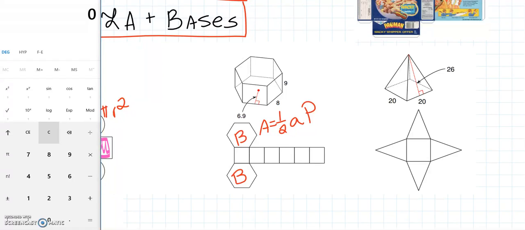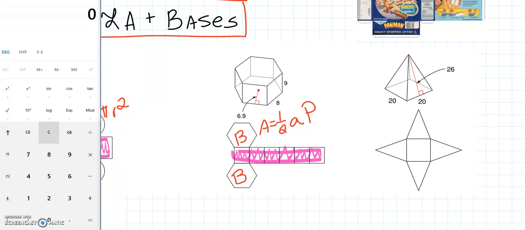And then I'd want to find the area of each of the lateral faces, which would be all of these rectangles. So I'd want to find the area of each of these rectangles and add it together. Now the total surface area, I'd get all the rectangles, add them together, and then the area of each of my 2 bases, and then add all of that together to get my total surface area.